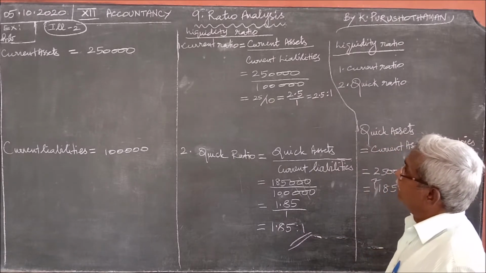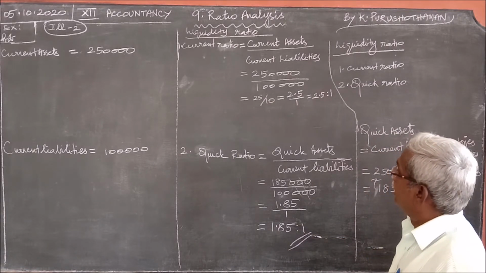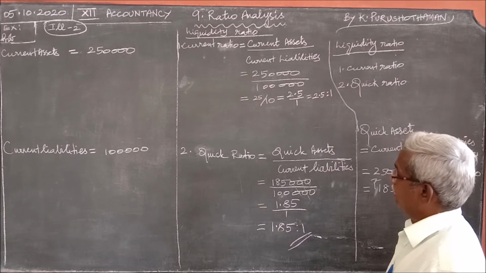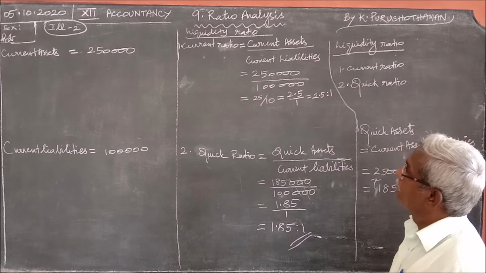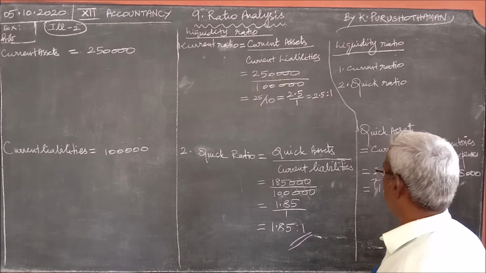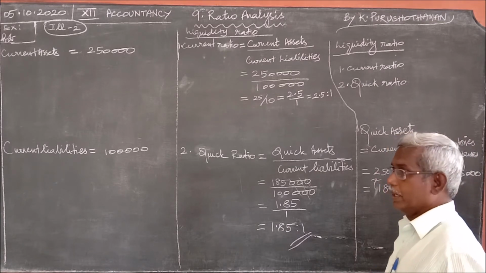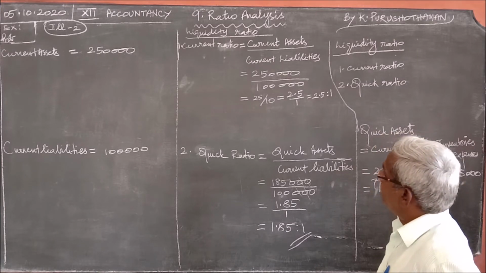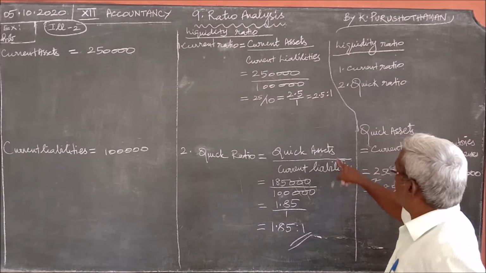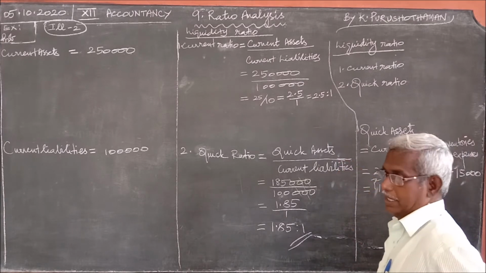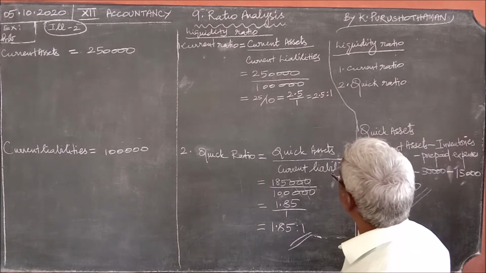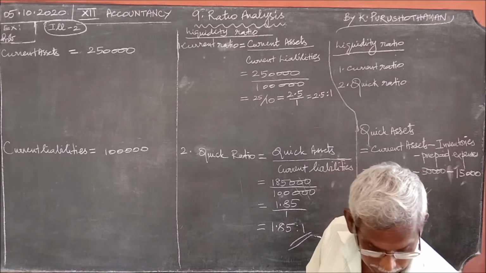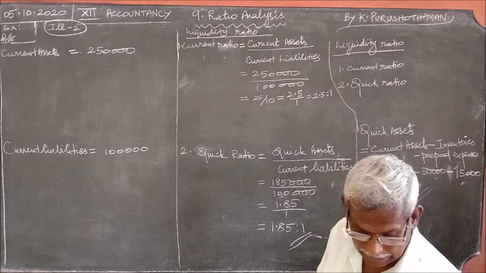This is the method of finding the current ratio and quick ratio, or simply they can ask what are the liquidity ratios, mention them. If the question is asked like that, you can write quick ratio is the ratio between quick assets and the current liabilities. So the current liabilities are given in the problem straight away, 1 lakh.